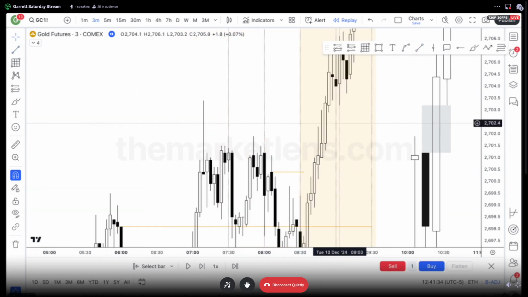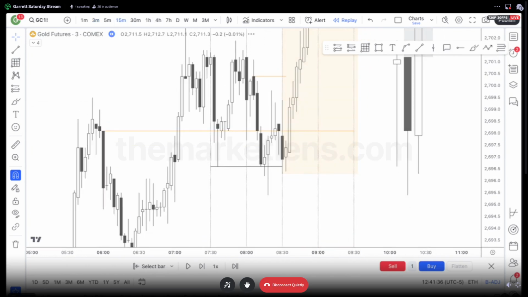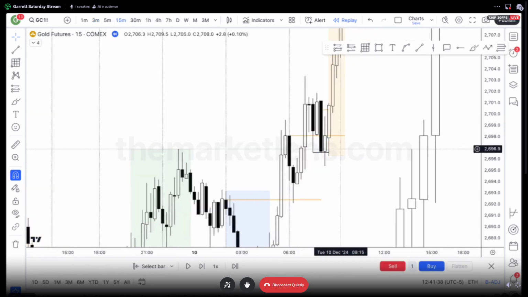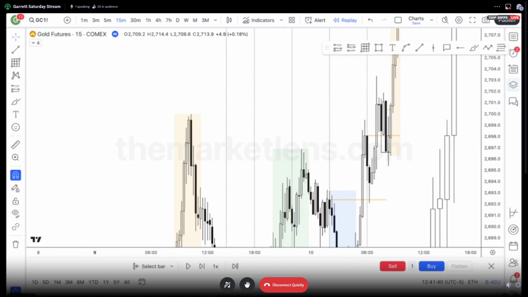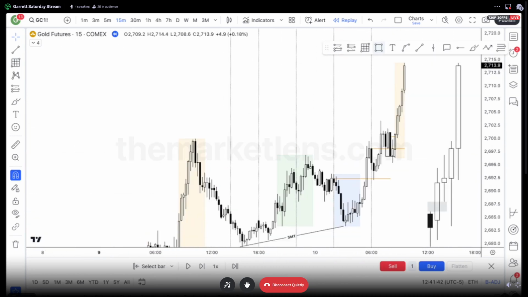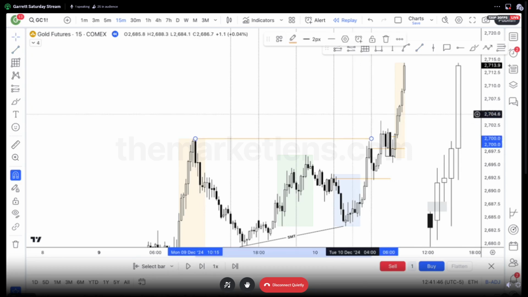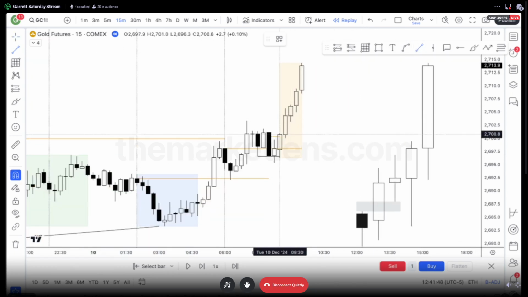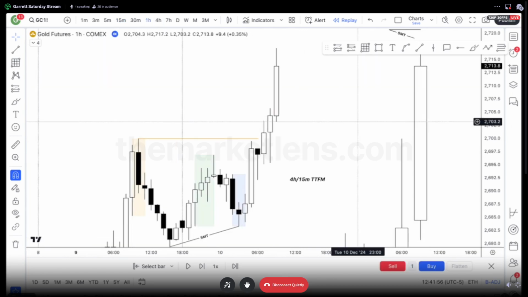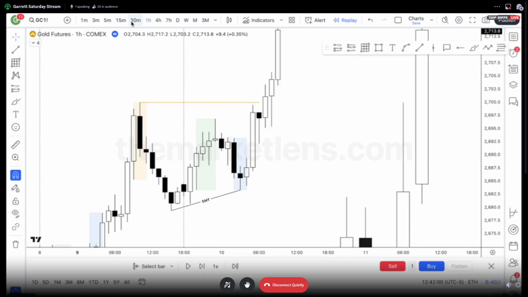But yeah, your high probability entries are right here, essentially, within this range, before we really expand here. And you see, we can't manipulate this high over here. So really once we close over here, right, that's your high probable entry as well. So hopefully that makes sense as well, using the expansion model or the fractal model there.